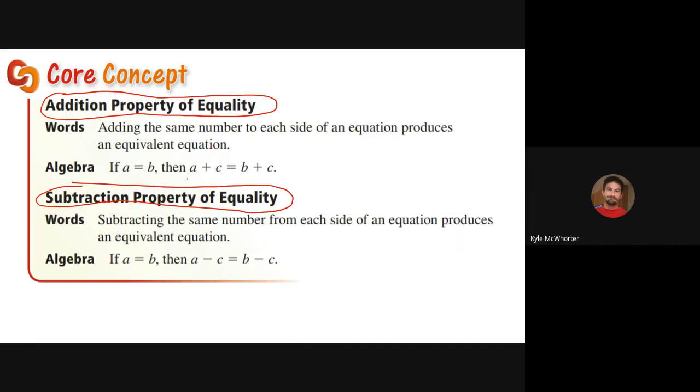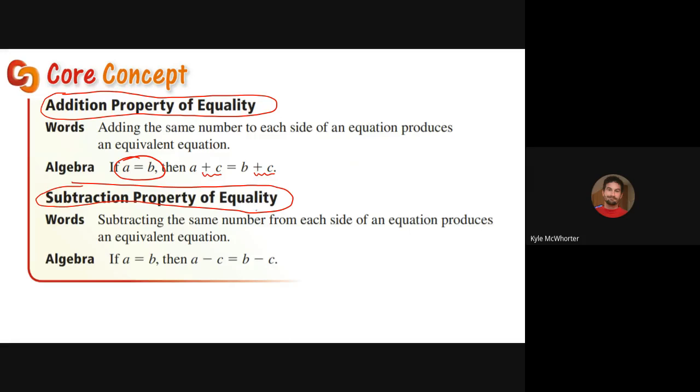So you could just say addition property every time and probably be fine. The addition property says that if you have an equation like a equals b, and we add the same number to both sides of the equation, we get an equivalent equation, right? Another way, probably the easy way, of saying it is you're allowed to add the same number to both sides of an equation, right? And that's something that you've probably done before.